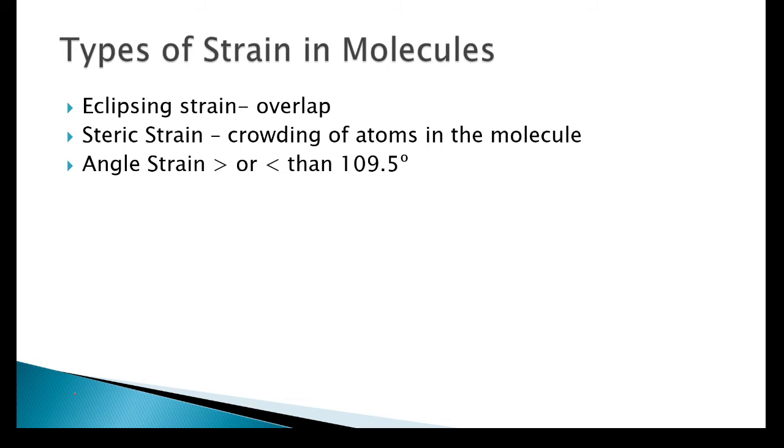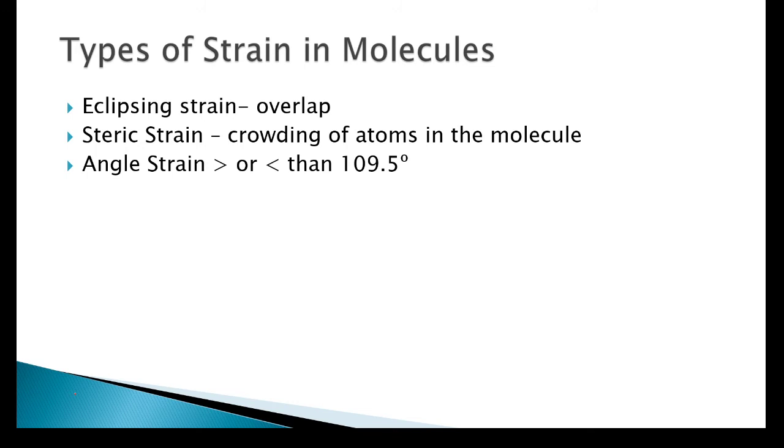Now, there's two ways for my hydrogens to line up to try to separate and be far apart from one another. Let's talk again about the strain that's placed on our molecules. We talked about, if I have multiple carbons, eclipsing strain versus the staggered. Eclipsing, they're right next to each other, not good. That's strain, that's overlap.